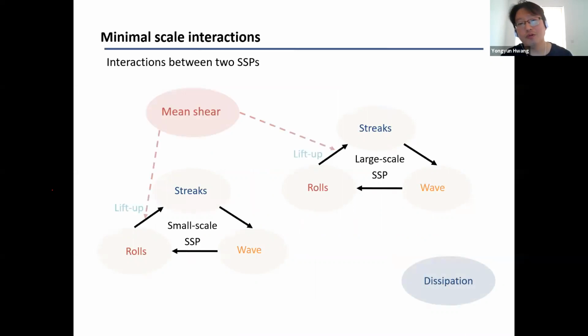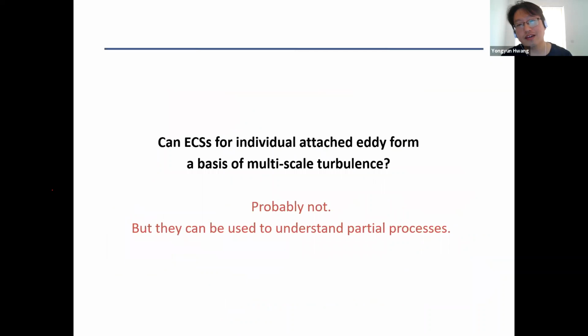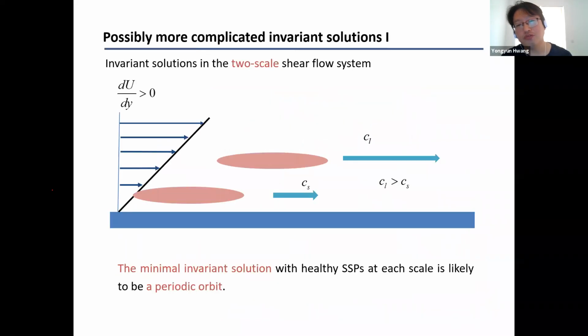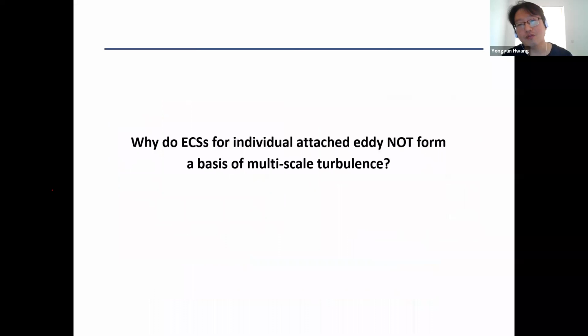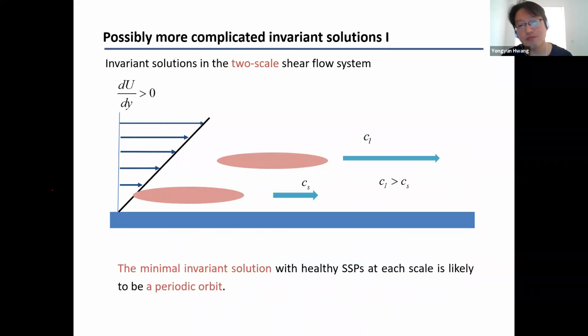And as I said, I am not the only one who tried to get the multiscale solution for shear flow. I also had the same discussion with Genta Kawahara, who tried something similar for Couette flow, and he said it was very hard. So that is probably the reason. But I am definitely looking for a periodic orbit which can describe the multiscale solution. So if you want to do it, please let us know. We are very happy to work with you. Okay. Thanks.